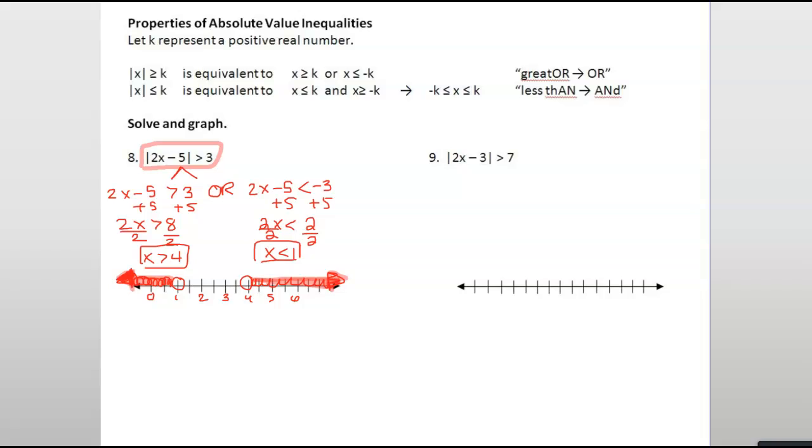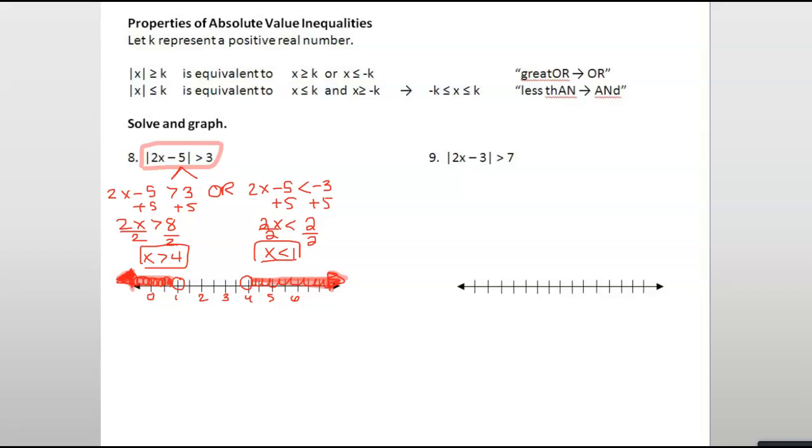Number 9. We have the absolute value of 2x minus 3 is greater than 7.